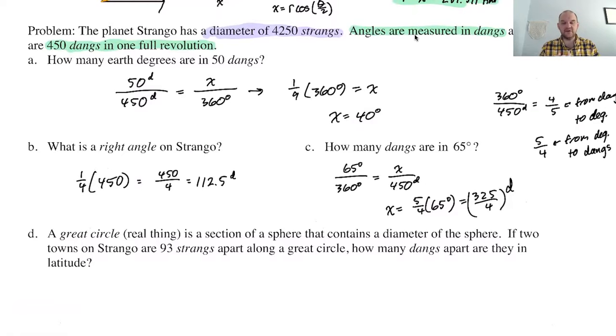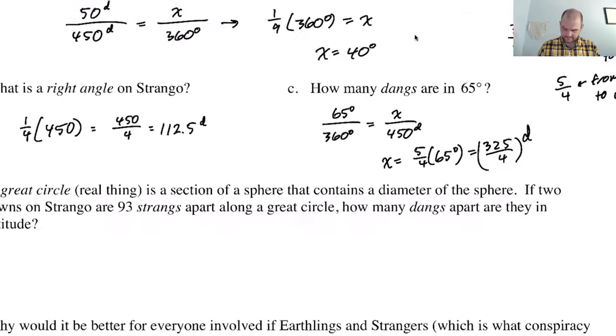The equator is a great circle. The prime meridian is a great circle. It's a section of a sphere that contains a diameter of the sphere. Think of the Earth: the equator wraps around like a belt around the middle, and the prime meridian is the same thing, but it goes vertically. So great circles are a real thing.